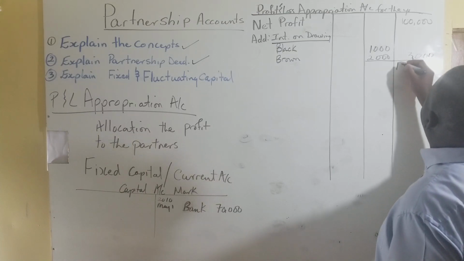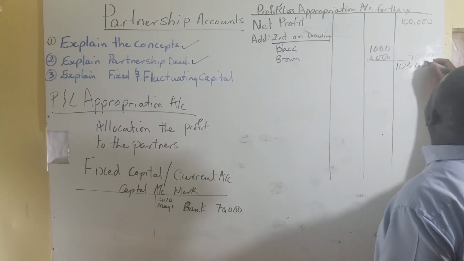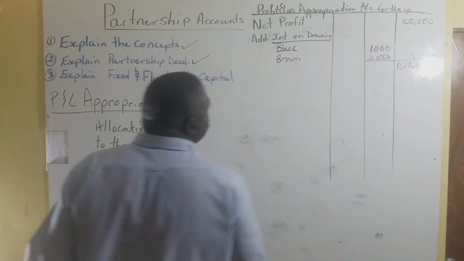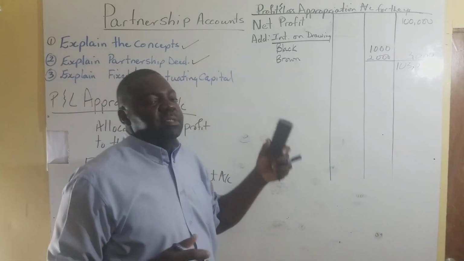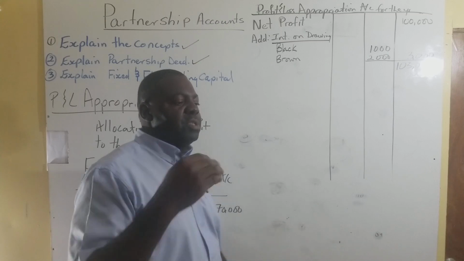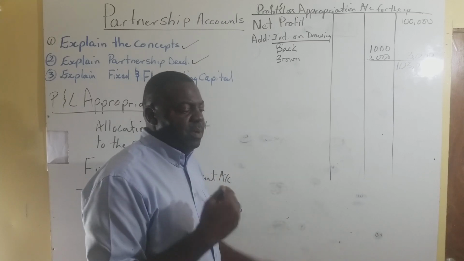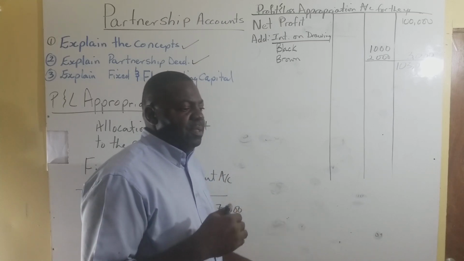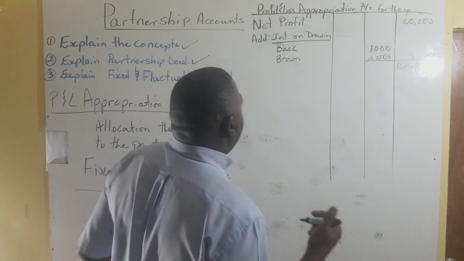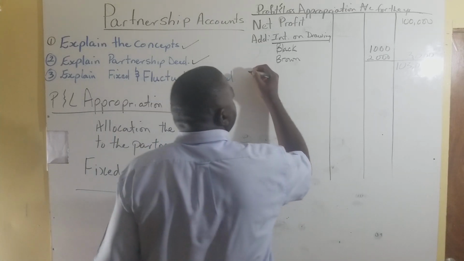So you're going to have 103,000. All right, so you add the interest on drawings, as I said, because it's income coming back to the partnership. You're charging the partners interest for what they have taken out of the business.